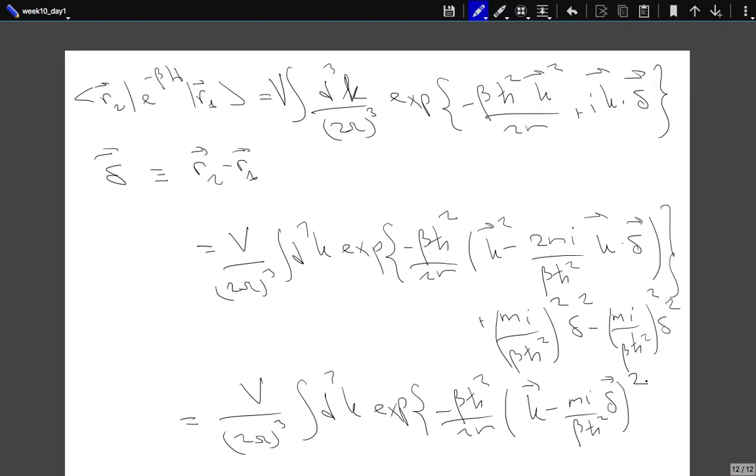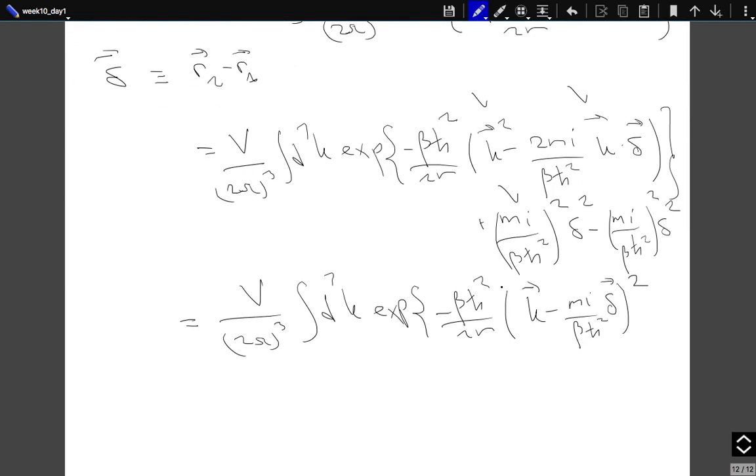When you take the square of that thing, you get this term, you get this term, you also get this term. And there's also the last term, which would just give me minus beta h bar squared over 2m times m over beta h bar squared, all of this thing squared, delta squared. And this is the last term over here.